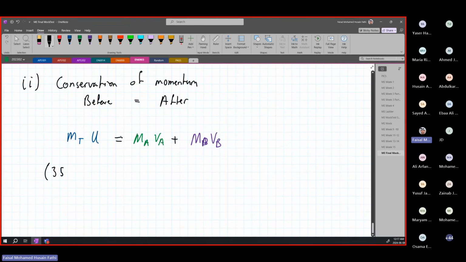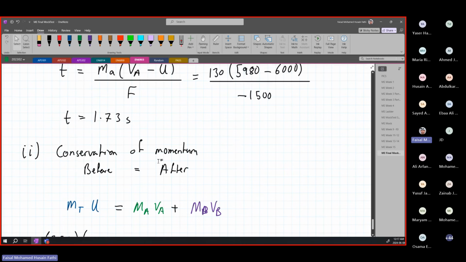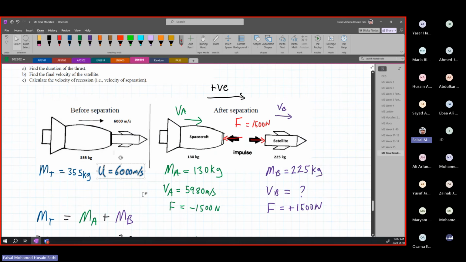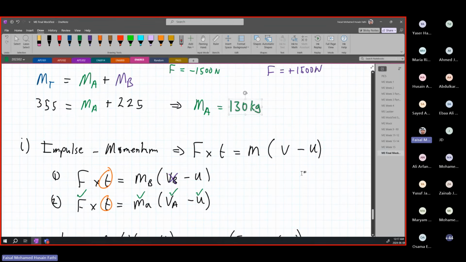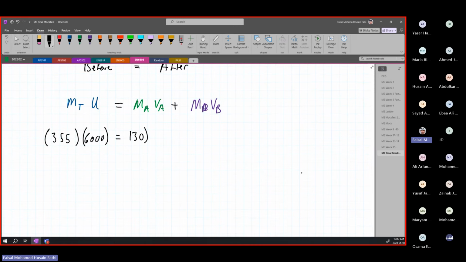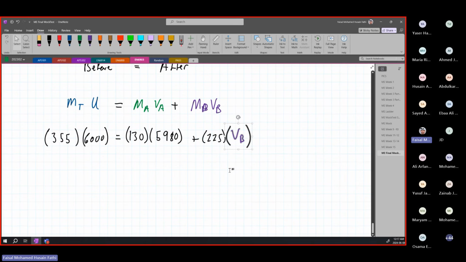So 355 kilograms times U, which is our initial velocity of 6,000 meters per second, is equal to our mass A that we have found earlier, which is 130 kilograms, times our velocity A, which was 5,980 meters per second, plus 225, which is our mass B, times VB, which we want to find. All right. And that's it. Now we only have one unknown. We solve for VB, simplify this equation, and we find the value.